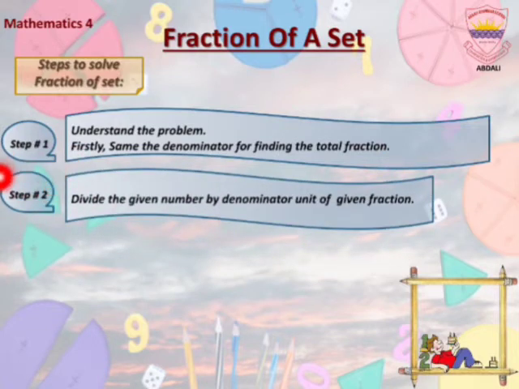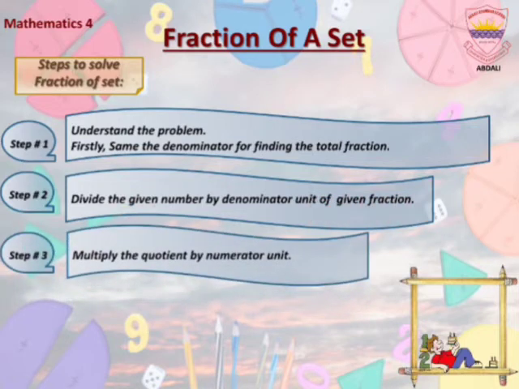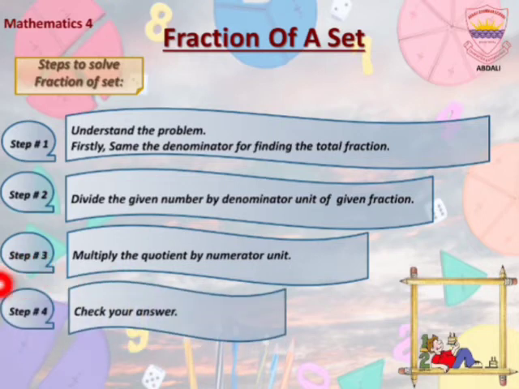Our second step is divide the given number by denominator unit of given fraction. Our third step is multiply the quotient by numerator unit. And our last and fourth step is check your answer.